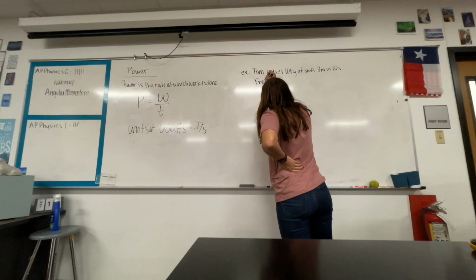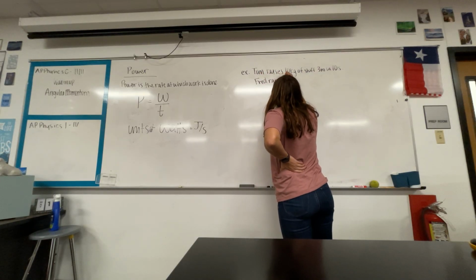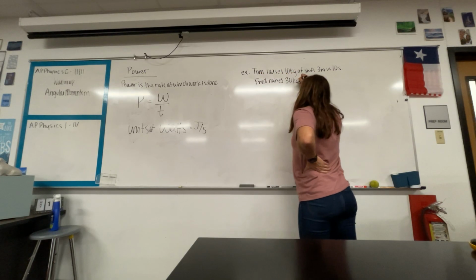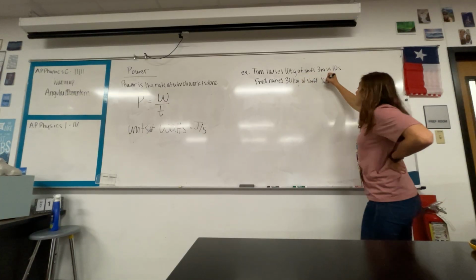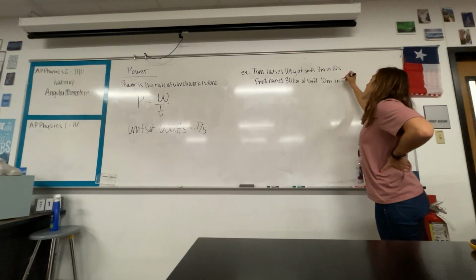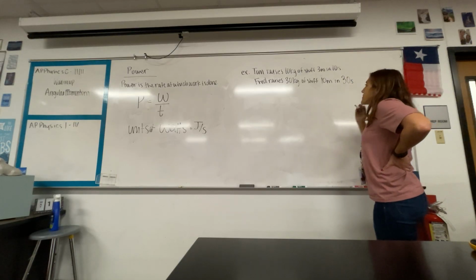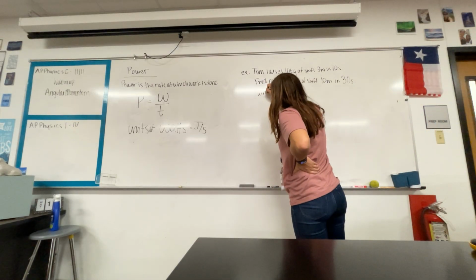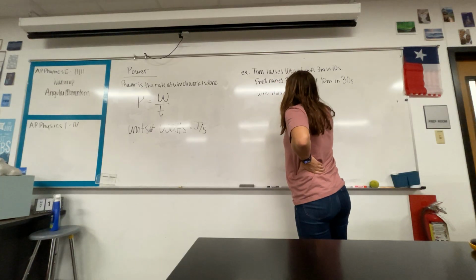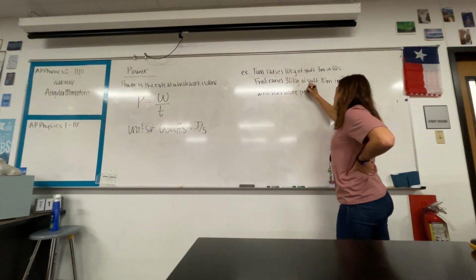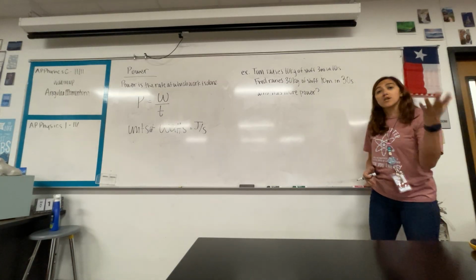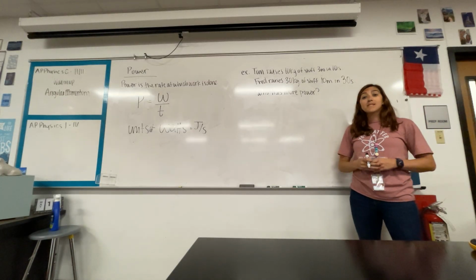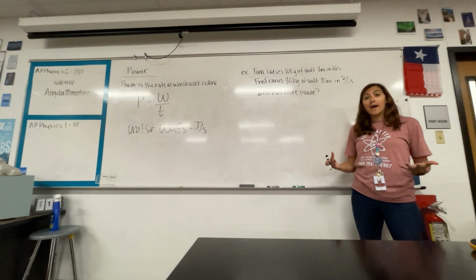Fred raises 30 kilograms of stuff 10 meters in 30 seconds. Who has more power? So we're going to compare the average power of Tom and of Fred and see who has more power.